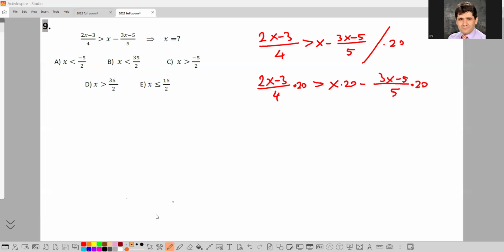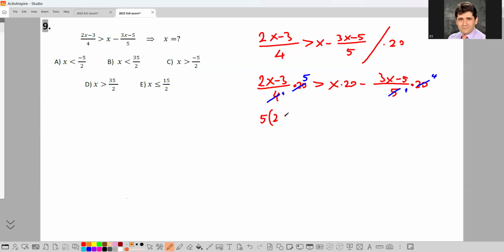Now we can simplify a bit. If you simplify 4 and 20, on the denominator only 1 is left. So 5 over 1, and similar here, 4 over 1. The rest is just getting rid of brackets.